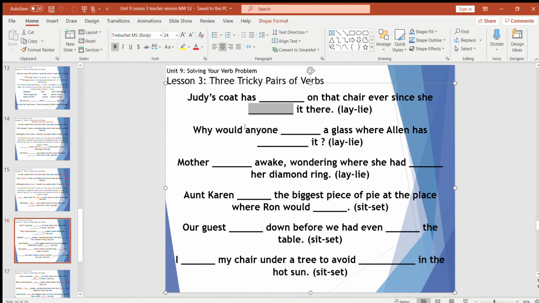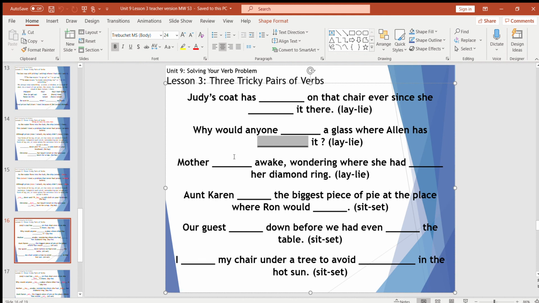Why would anyone blank a glass where Ellen has blank it? Why would anyone put a glass, right? So that would be lay, L-A-Y, a glass where Ellen has, my keyword here, has put it, has laid, L-A-I-D it.